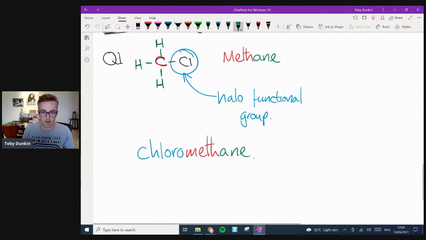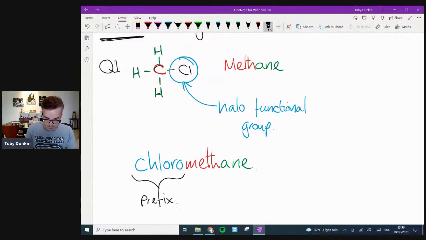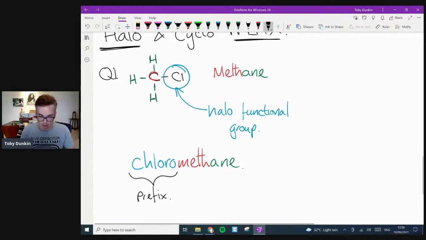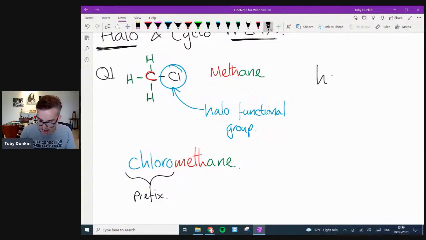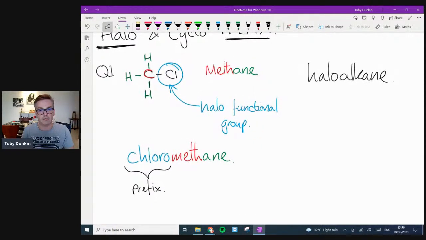The halo functional group is a prefix. It has gone in before it, and it becomes chloro, just like the name halo does. So the family here is a haloalkane, in this case, chloromethane.